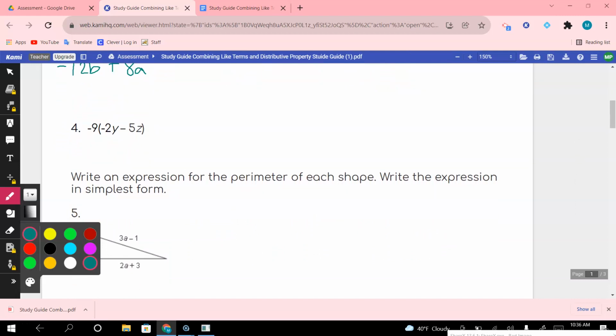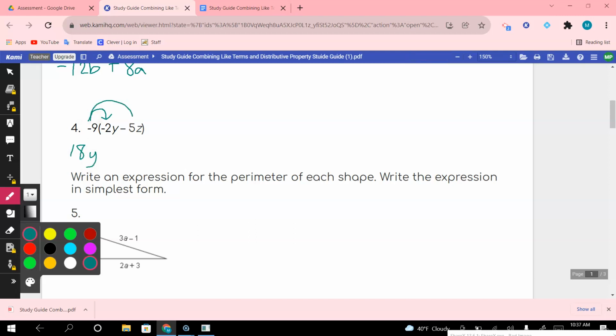Number 4. Negative 2y minus 5z is inside of the parentheses. They are not like terms, so I cannot add or subtract them. But I can do this multiplication, so again I have the distributive property. Negative 9 times negative 2. That is 2 negatives, so it's going to be a positive. 9 times 2 is 18y.